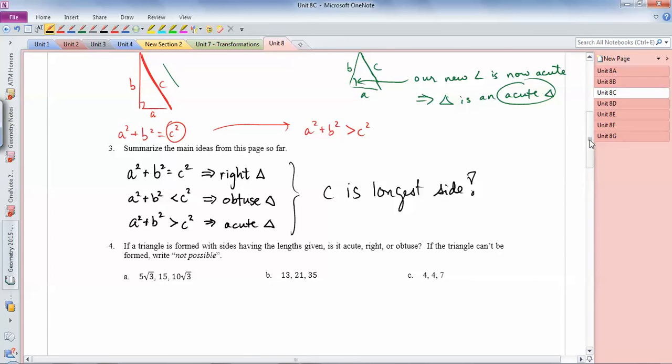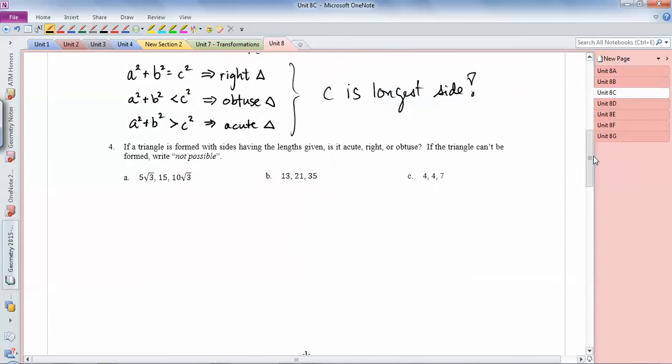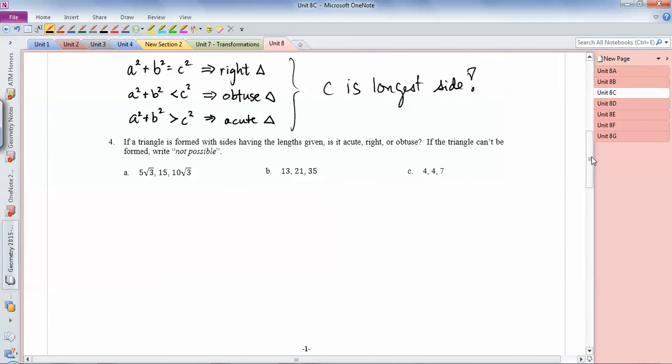Okay. So then in number 4, the question is, are these things possible or not? Let me draw some lines in between here. First you figure out, do you get acute, right, or obtuse if the triangle exists? Otherwise, you don't get a triangle at all. Remember, if I said, what kind of triangle do you get with sides of 1, 1, and 100?